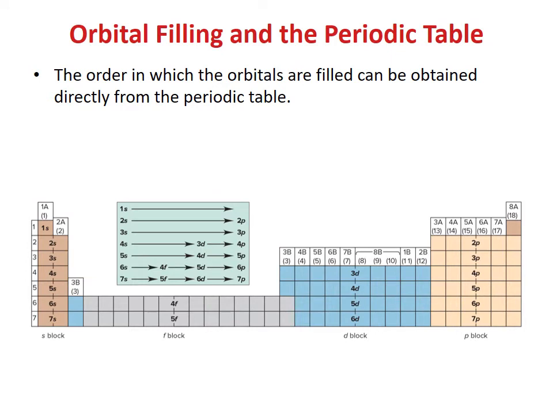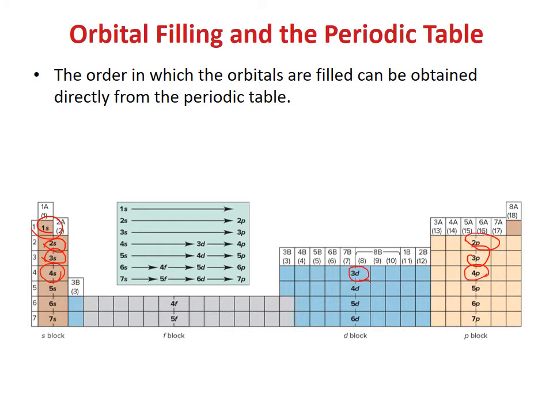Reading the periodic table from left to right gives the energy order of levels and sublevels. So the periodic table starts from 1s orbital, and then 2s orbital, followed by 2p orbital, and next 3s, 3p. Before it goes to 3d, it starts with 4s, and then 3d, and then 4p.